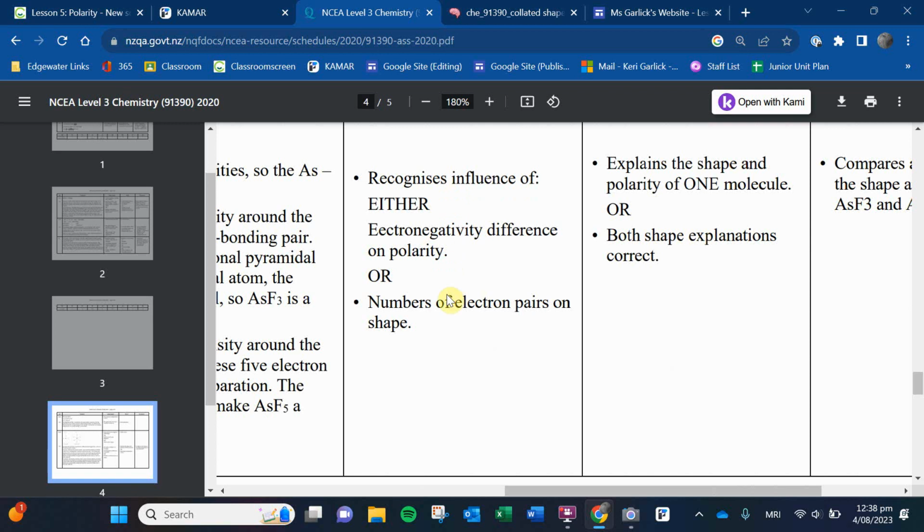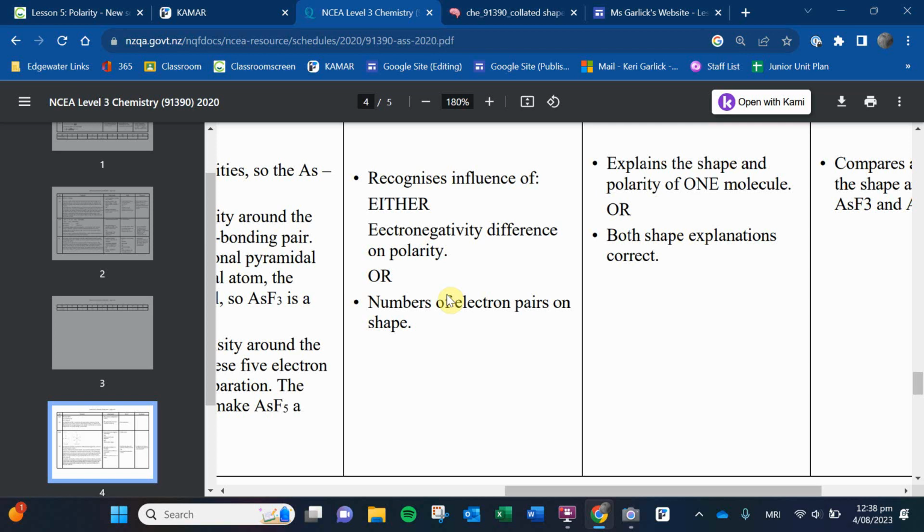So some things to keep in mind for the achieve, the merit, and the excellence. For the achieve, there were two ways you could do this. You recognize the influence of the electronegativity or the number of the electron regions in the shape. So that was the achieve criteria. I have seen this in other ways where they give you an achieve point just for guessing if a molecule is polar or non-polar. So do take a guess on the exam, even if you don't know.